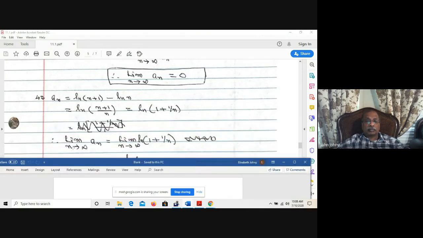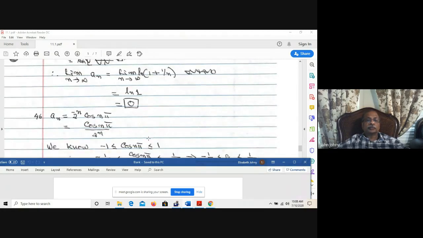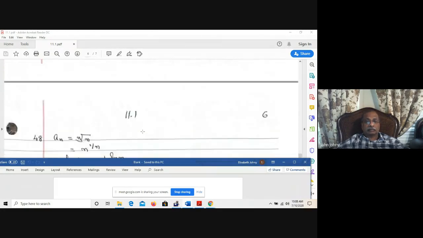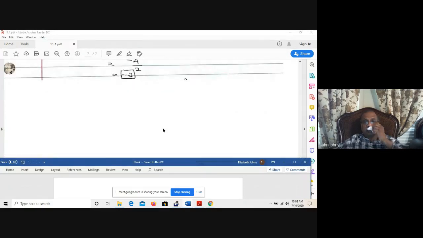And so limit as n approaches infinity of a_n is equal to limit as n approaches infinity of natural log of 1 plus 1 over n. 1 over infinity is 0, so that is going to be natural log of 1 plus 0. That is natural log of 1, which is 0. So that is the answer to that question.